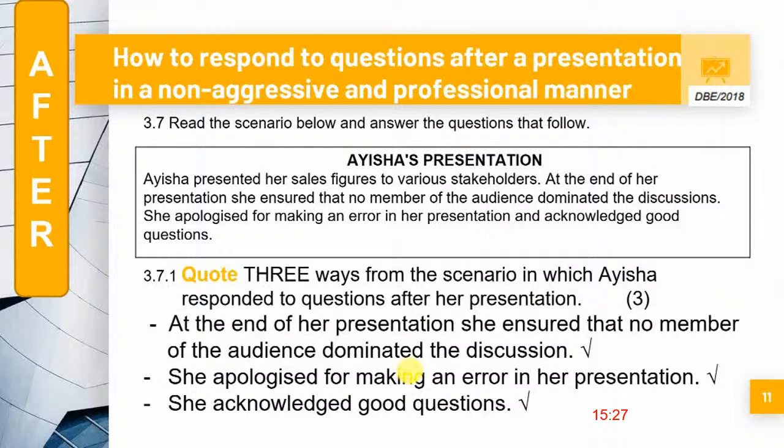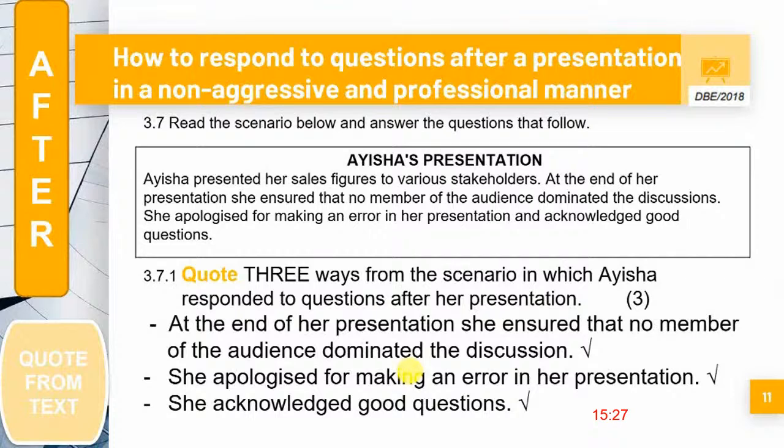Quote 3 ways from the scenario in which Isa responded to the questions after her presentation. Remember, grade 12s, when we are quoting, we are quoting from the text. Do not answer in your own words.